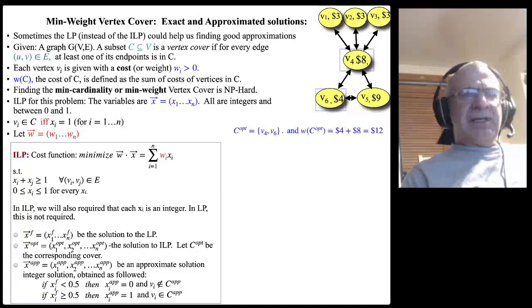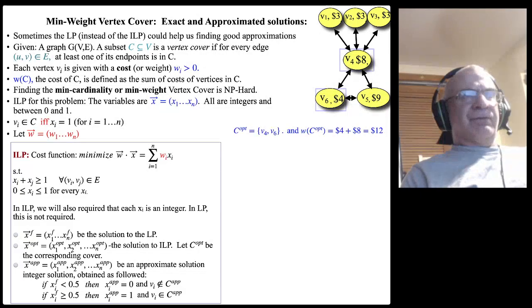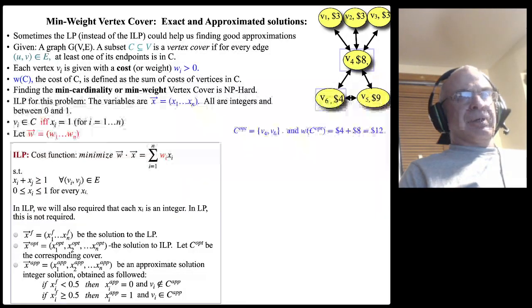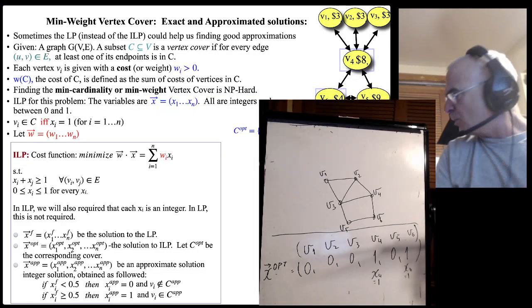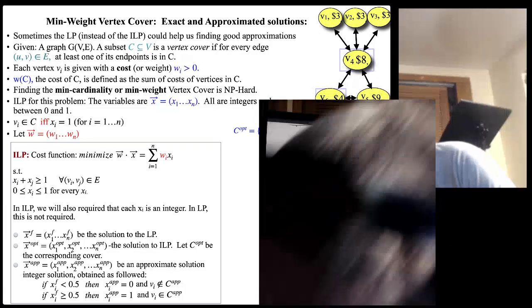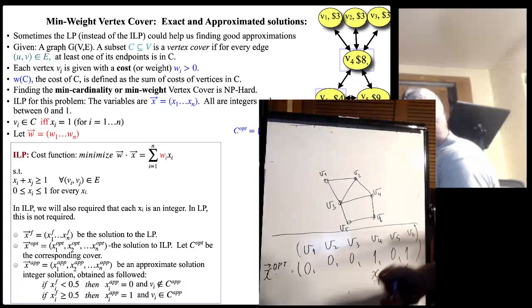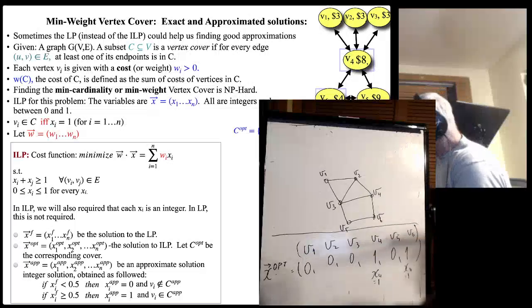We already saw in the last class that the solution for the linear programming does not necessarily consist of zeros and ones. Going back to the slides, we already talked about the problem that involved the following graph, right?